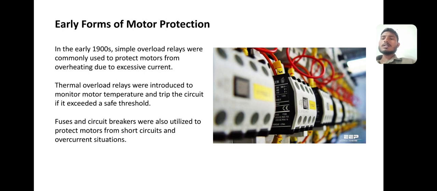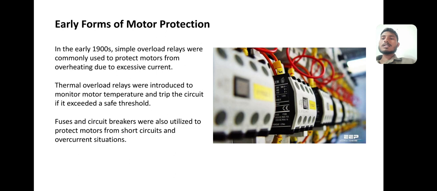Thermal overload relays were introduced to monitor motor temperature and trip the circuit if it exceeds a safe threshold. The threshold is nothing but a safe limit value, for current or voltage.